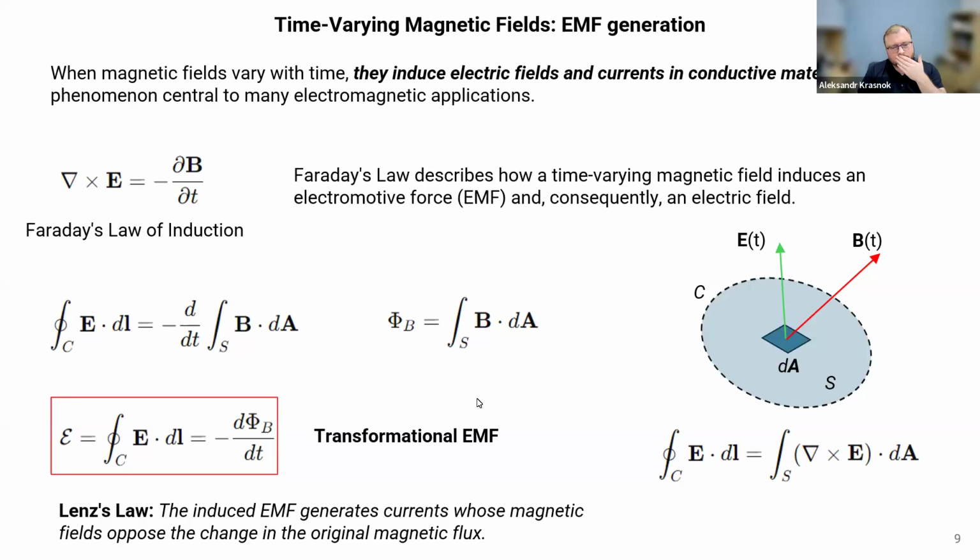In this example, we assume that our wire, our coil, our loop is seated in the area of changing magnetic field, but the loop itself doesn't move. Okay, so the contour doesn't move.